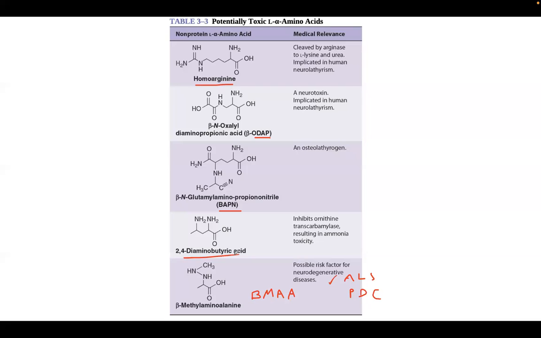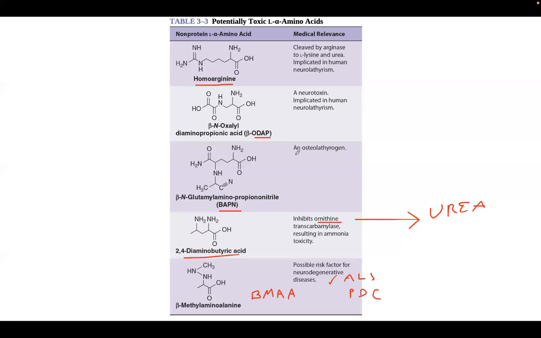Now, the diaminobutyric acid inhibits ornithine. And always remember, ornithine is found in what biochemical pathway? It is found in the urea cycle. So problems with ornithine, or inhibition of ornithine transcarbamylase, which is one of the important enzymes of the urea cycle, will present with ammonia toxicity.